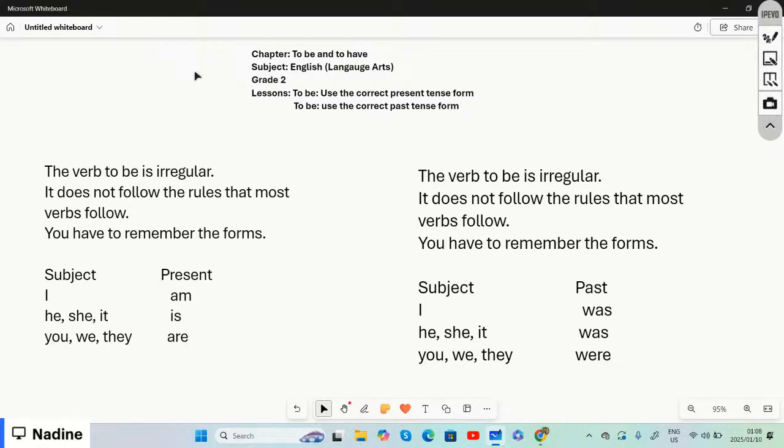And we will have our subject, which is the person or thing that is doing the action, and then we also have our present tense verb, which is to be.